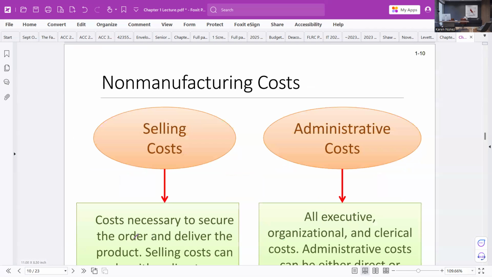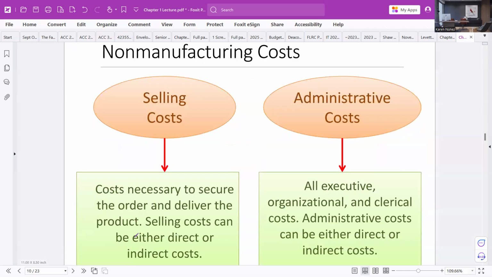Now, what about all of the other costs that are incurred? All of the non-manufacturing costs. Well, those costs are not at all related to manufacturing. If you have costs that are not incurred during the manufacturing process, then they are not manufacturing costs, like the selling costs and the administrative costs. They are not incurred during manufacturing.